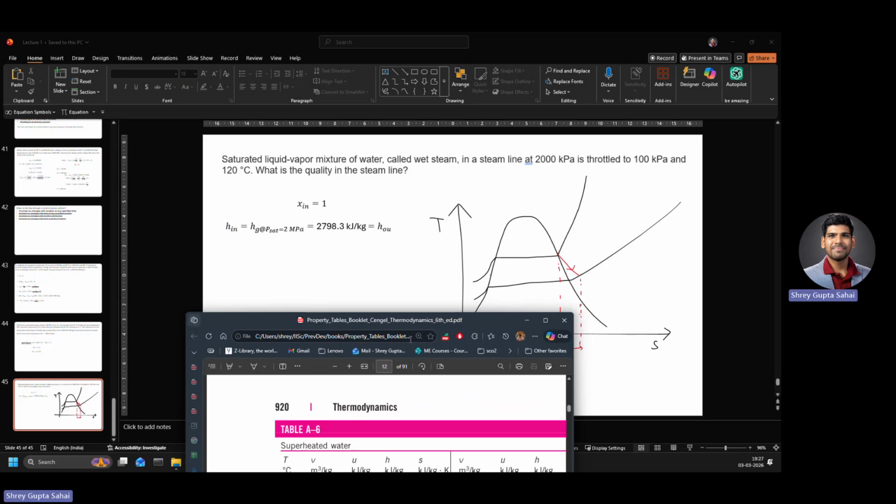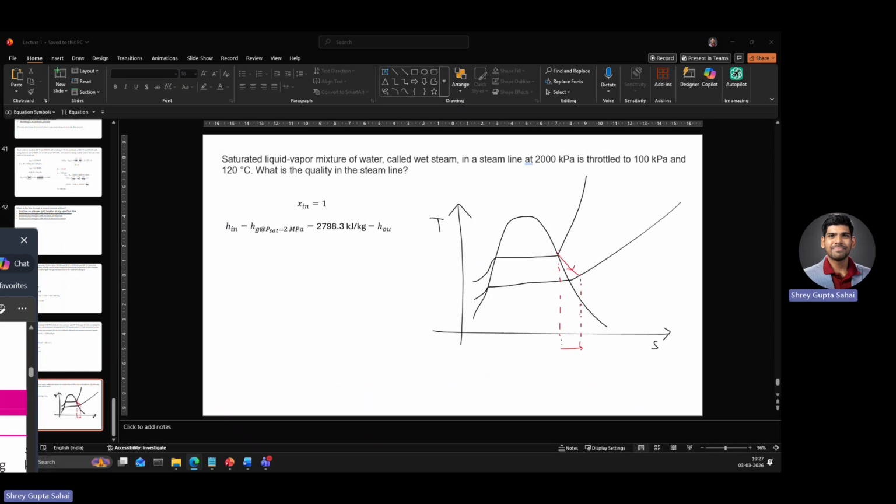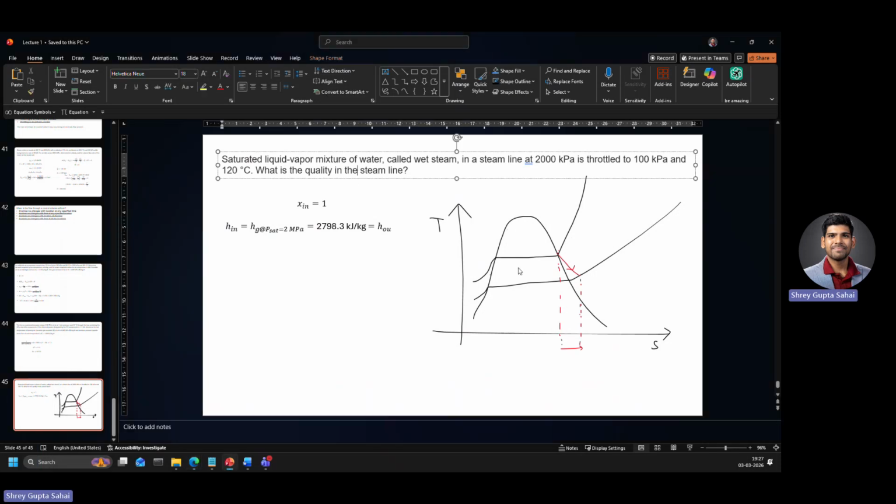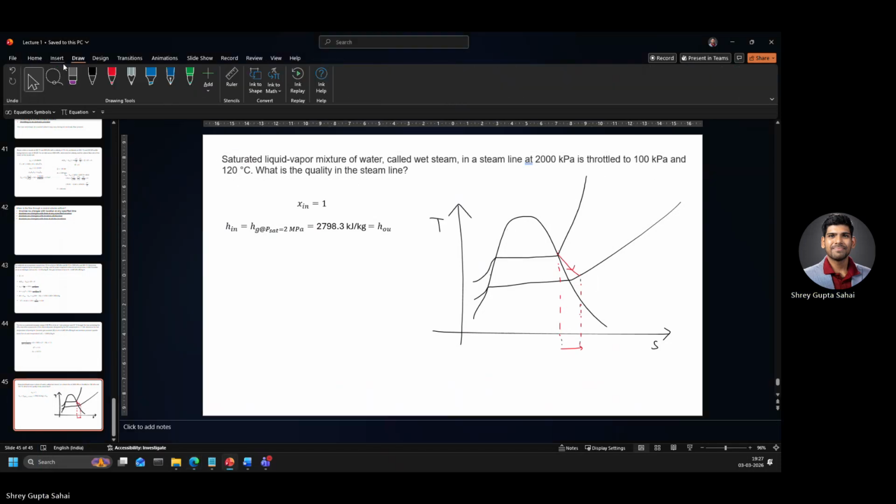Because in that case, X out will also be 1. Does it mean that it is somewhere here? Saturated liquid vapor mixture. I don't know why someone would call this saturated. Both of them are saturated liquid vapor. Okay, fine, I'll take this one. Otherwise, this question won't make sense.